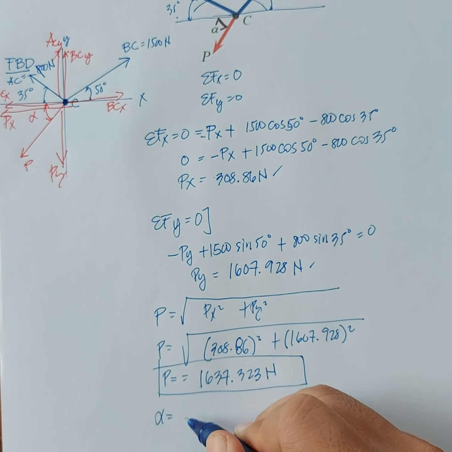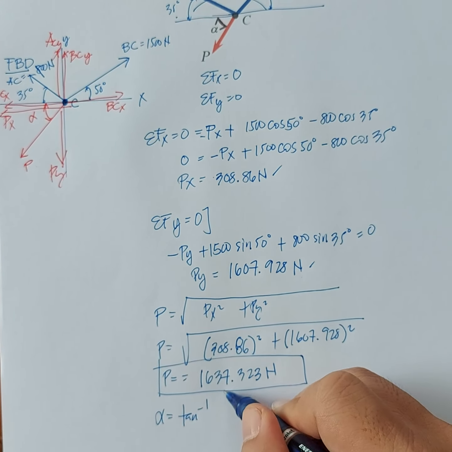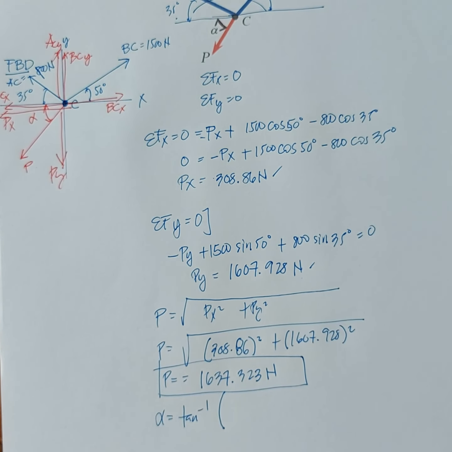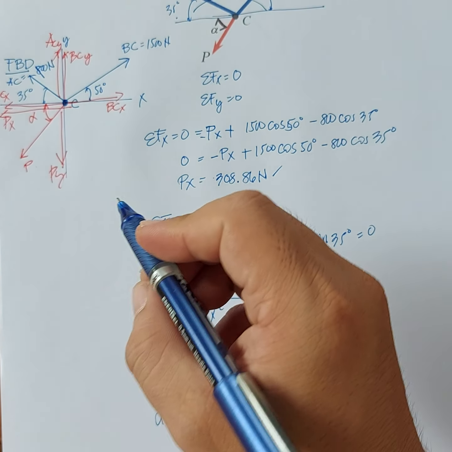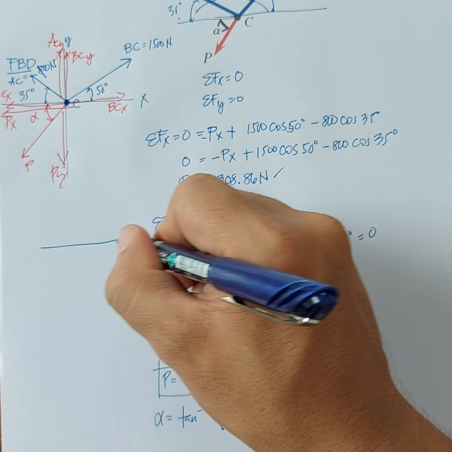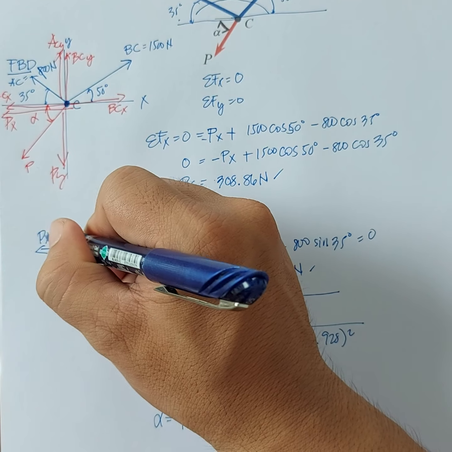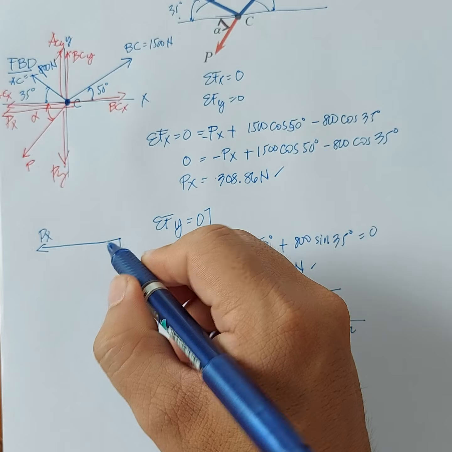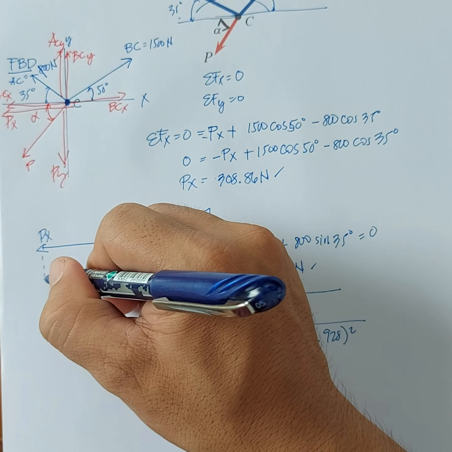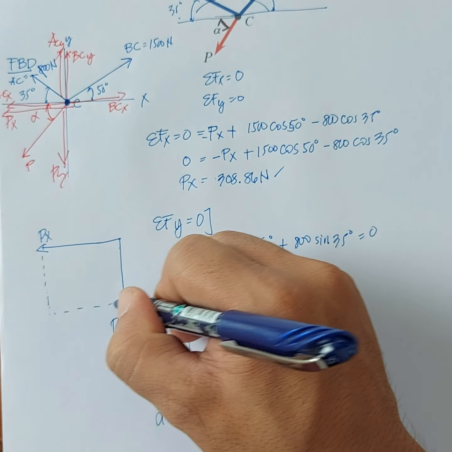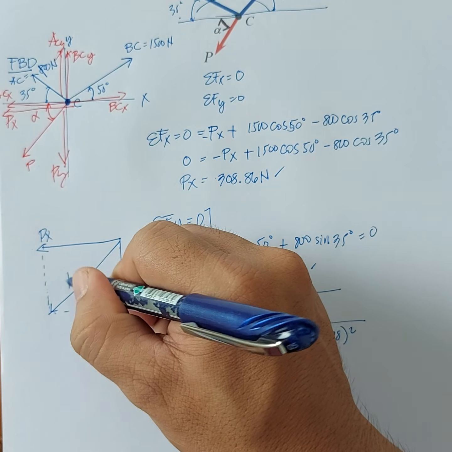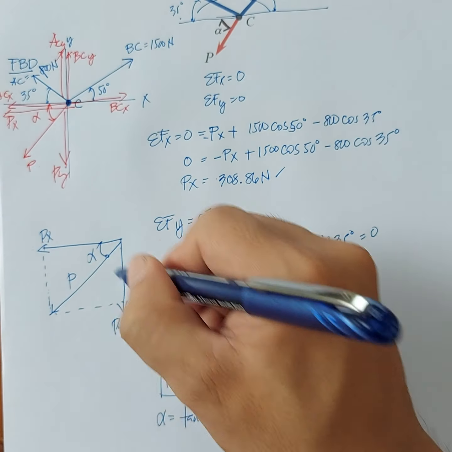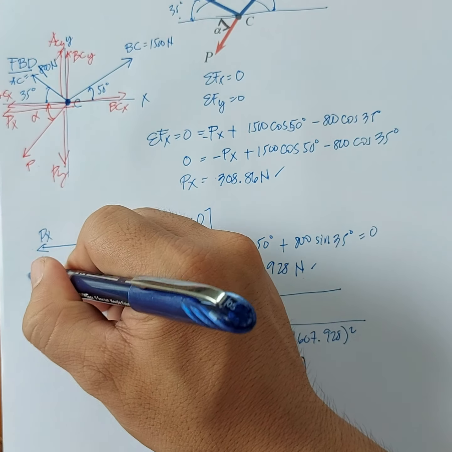So alpha is equal to the arctangent of, remember, ito yung ating, baka nakalimutan nyo ulit. So this is PX, this is PY, okay, for parallelogram method. This is P, this is alpha, this is also PX, and this is also PY.